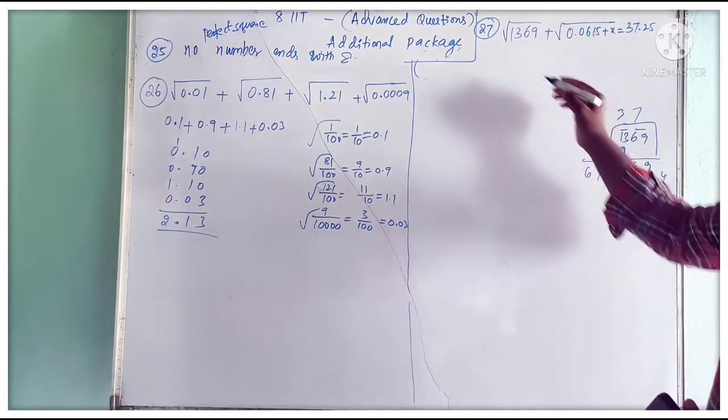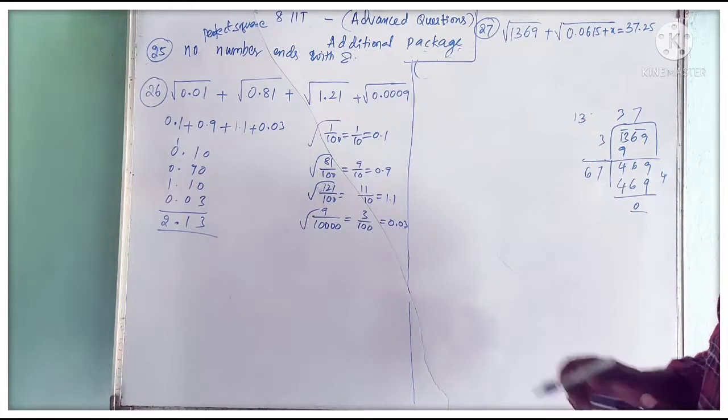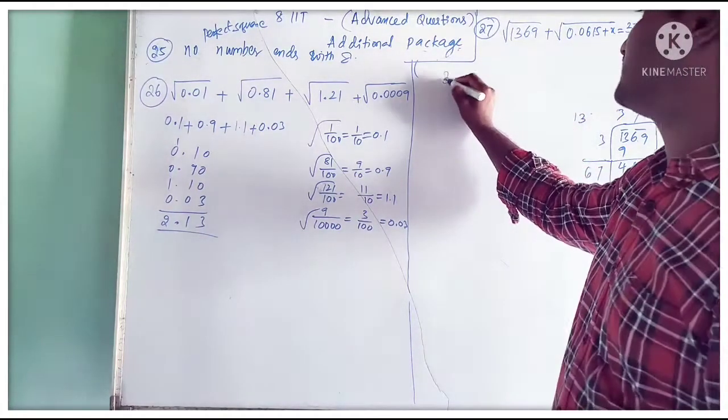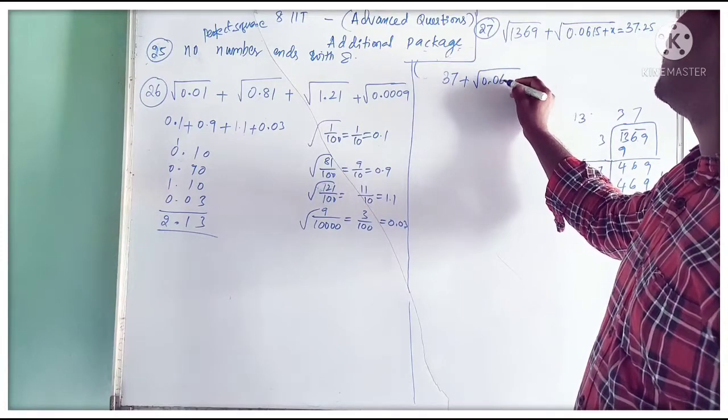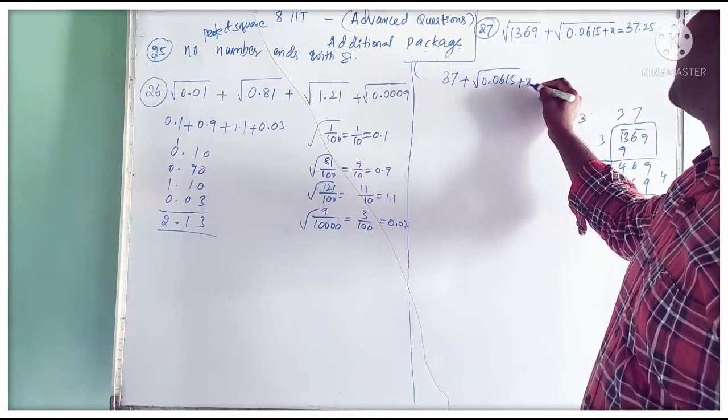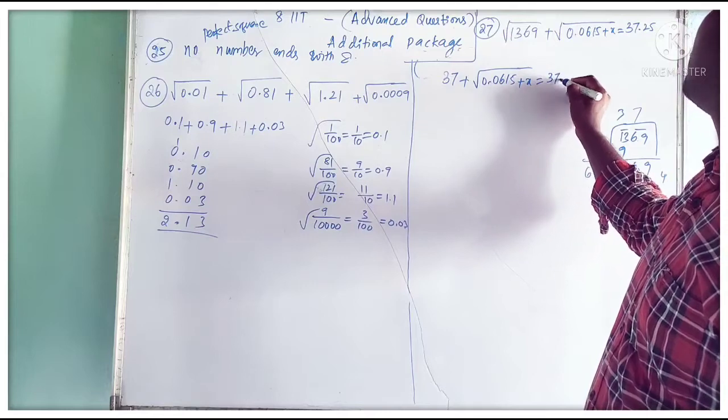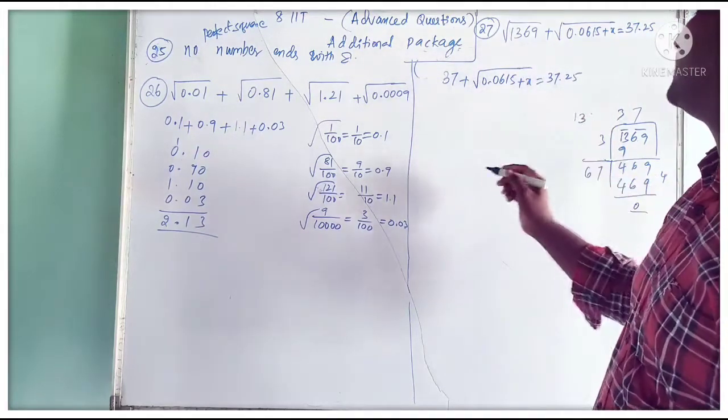So now the square root of 1369 is 37, plus square root of 0.0615 plus x equal to 37.25. This 37 you can transpose to the right side.